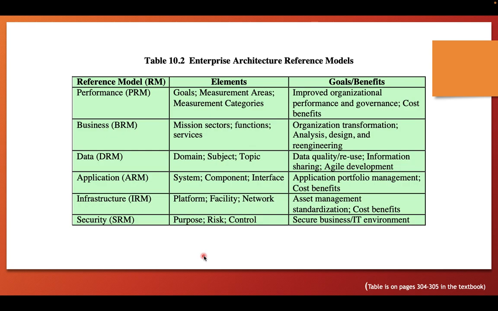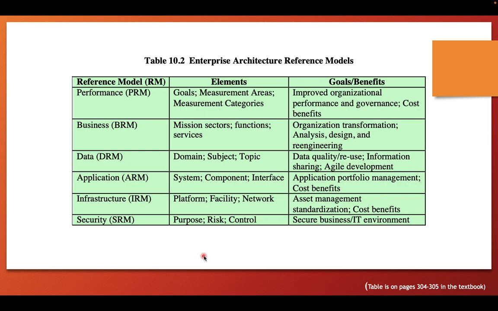Here we have the reference model, the elements, and the goals and benefits. We have the performance reference model, the business reference model, the data reference model, the application reference model, the infrastructure reference model, and the security reference model. So in each of these, first the performance: the key elements you look out for are the goals. Is the system meeting the goals? The measurement areas: what are the parameters?